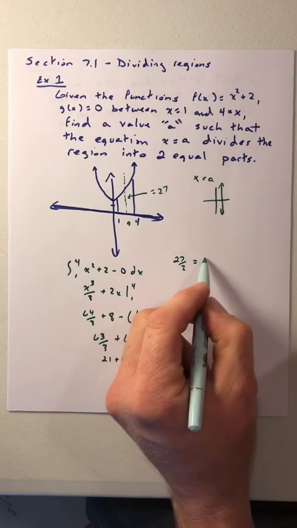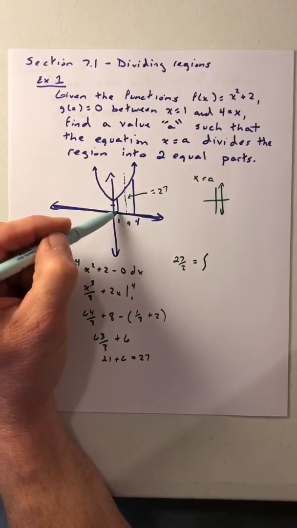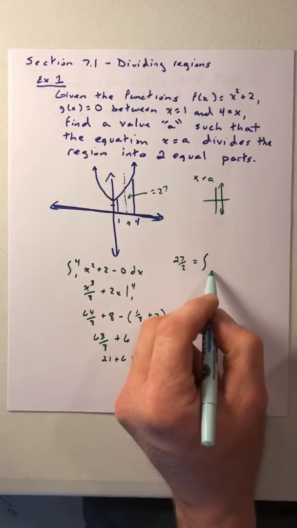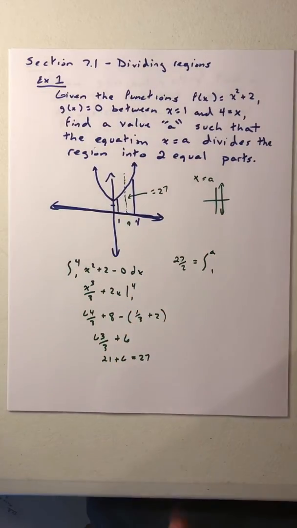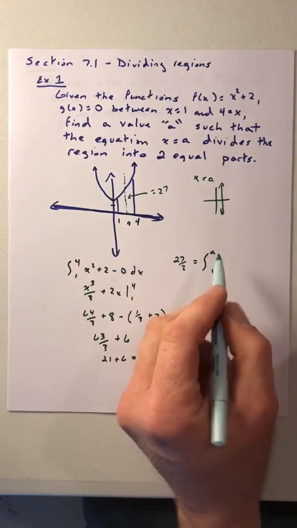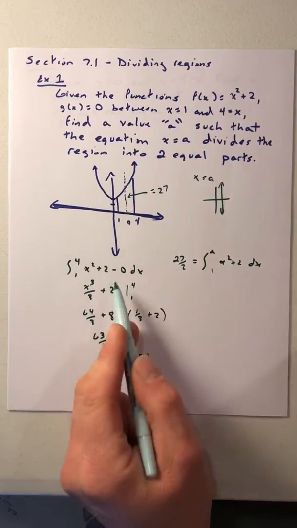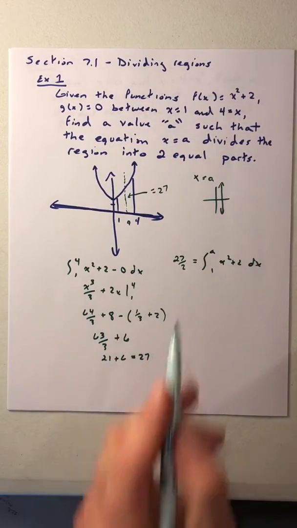And I want that to equal the integration. Well, I can go from 1 to a, or I can go a to 4. Doesn't matter. I normally like to use the smaller numbers, so we'll go from 1 to a of f of x, which is x squared plus 2, minus our 0 dx.